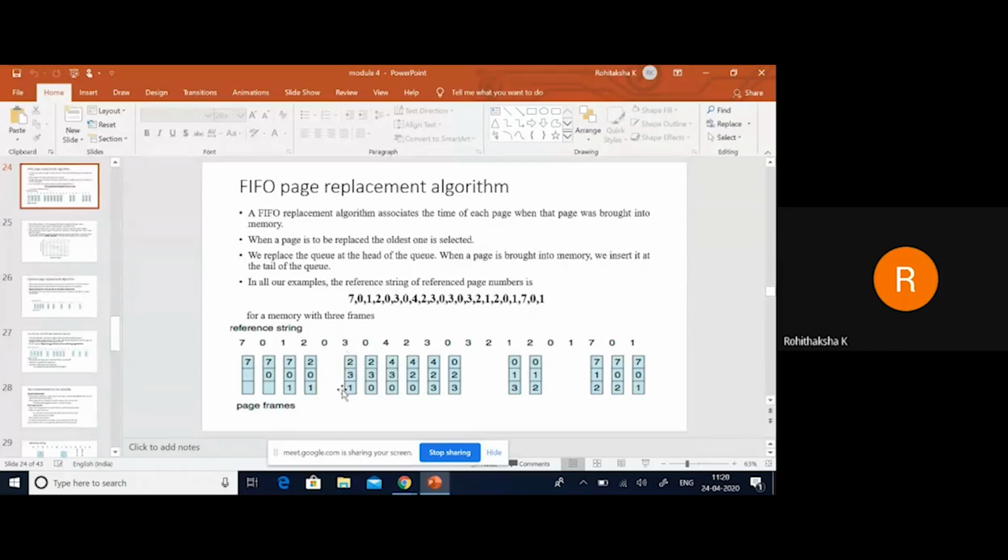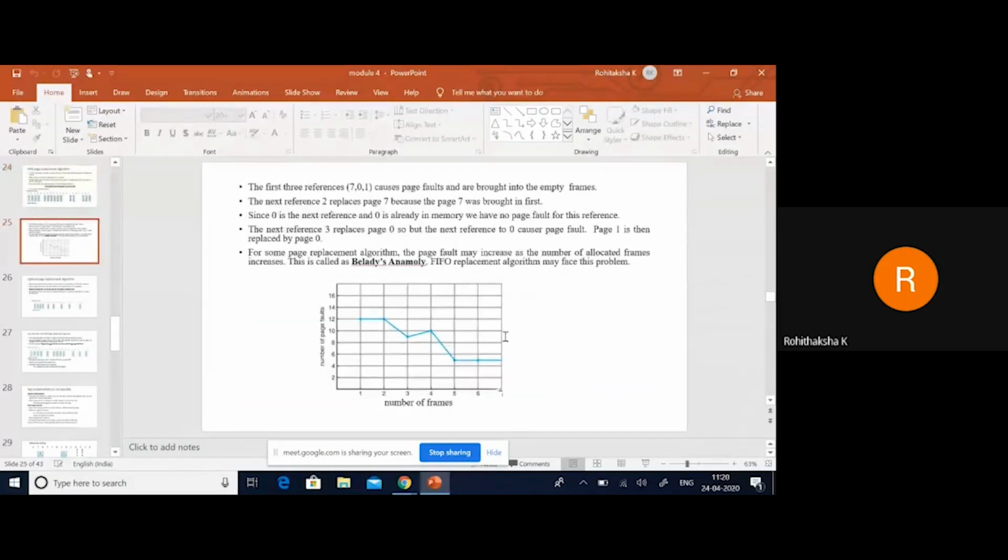Now if you take 3, usually the next reference 3 replaces page 1 with 0. I think there is some error here. Okay, I'll rectify this afterwards.